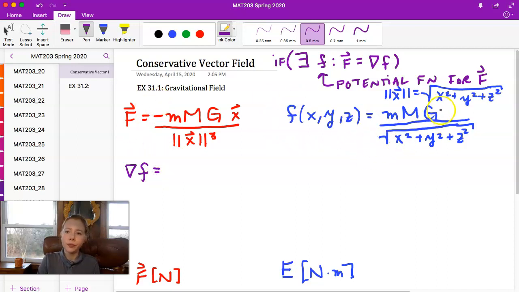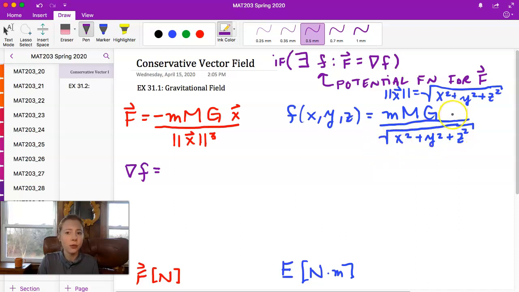First, we have to take the partial derivative of this function with respect to x to get the x component. We could also write this denominator as x squared plus y squared plus z squared to the 1/2.